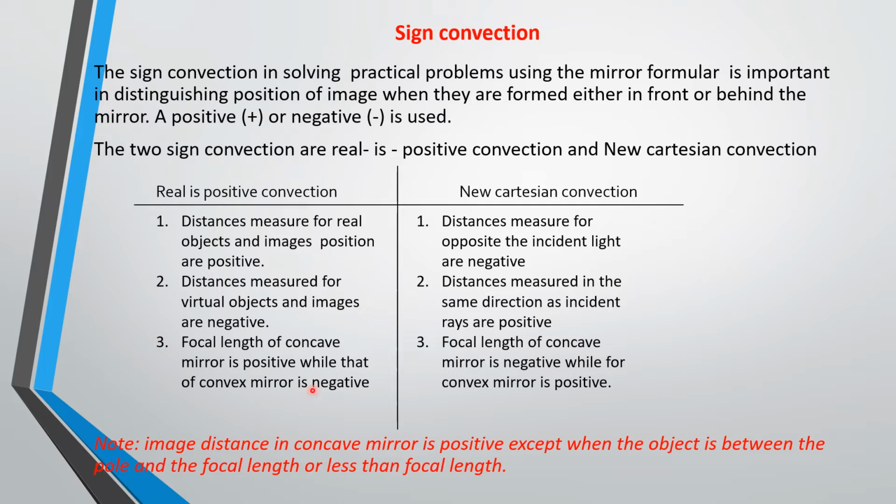For this convention, all distances measured between the object and the image are positive, except when the object is between the focal point and the pole. The focal length of the concave mirror is positive, while that of the convex mirror is negative. And remember that for all convex mirrors, the images are virtual.